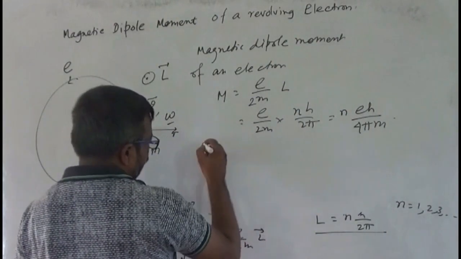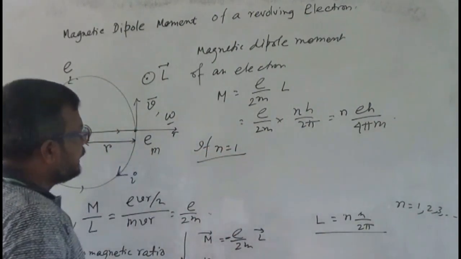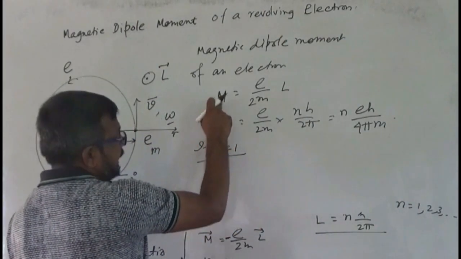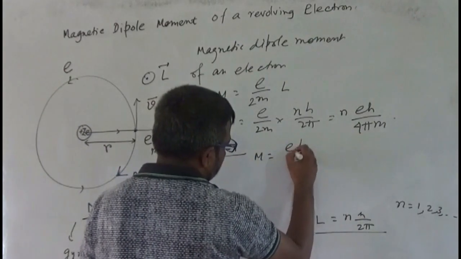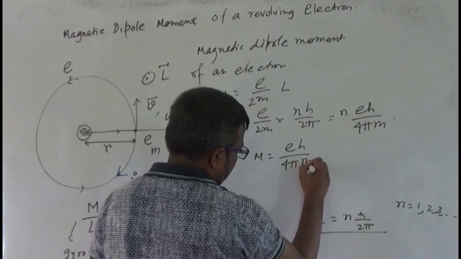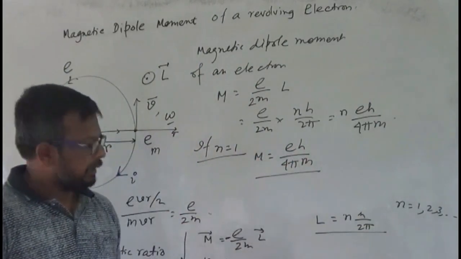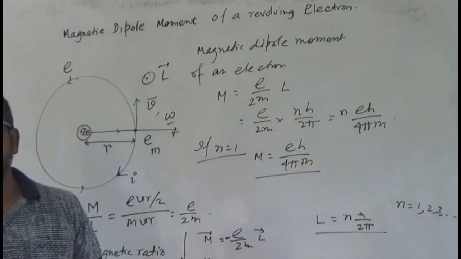Now the lowest value of n is 1. Therefore, the least value of magnetic dipole moment, capital M, is eh by 4 pi m. Now all these are constants. e is constant, h is constant, m is constant, pi is constant. Right?